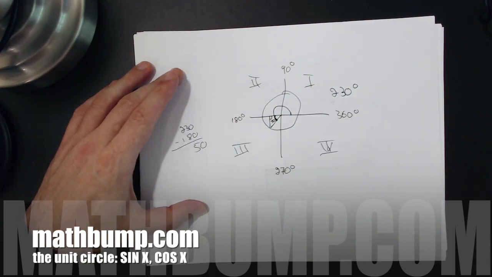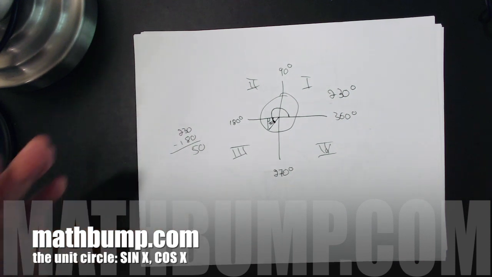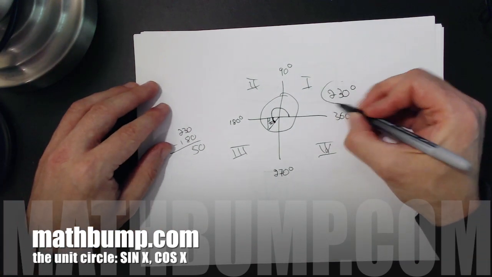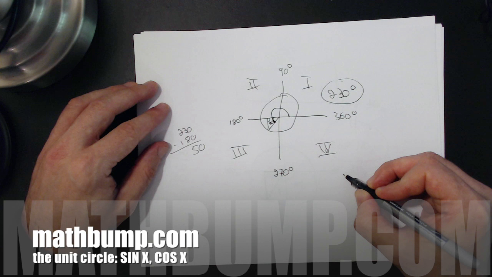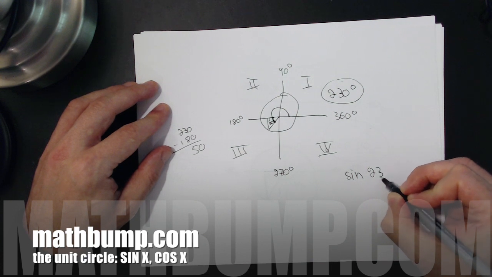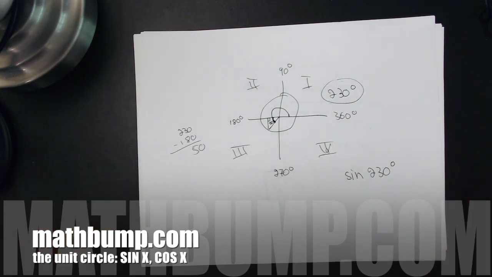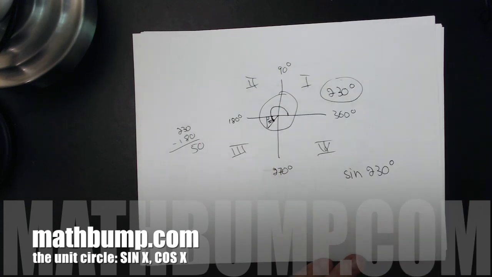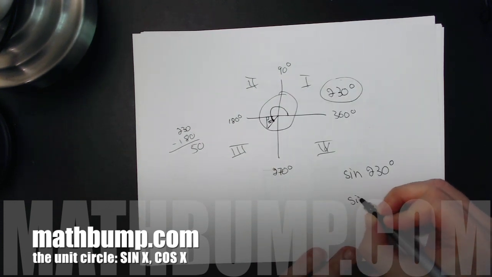Right? So that means if I say something like, what is the sine, let's say, of 230? I first think, okay, what angle am I talking about? Well, like I just said, I'm talking about the angle 50.